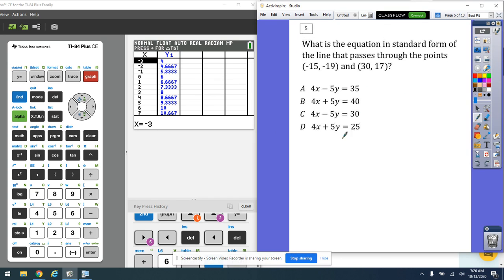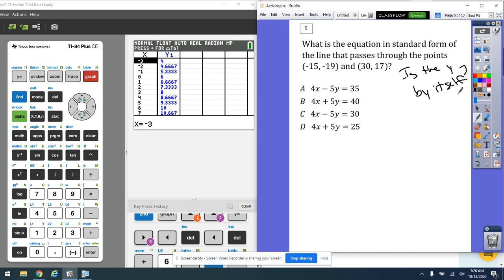Now, what about these ones? So this is our last one that we're going to go over. If I have this set up, is the y by itself? No. So basically all these, we have to solve for y in order for this calculator to do this part.